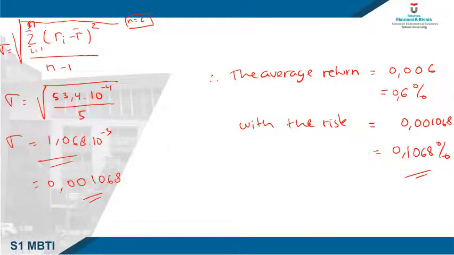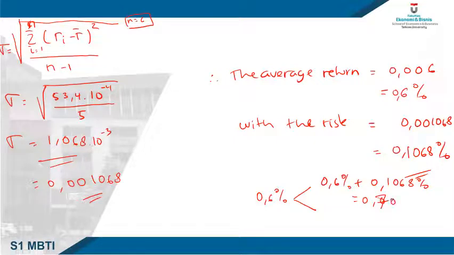Okay, so what does it mean? The average return is 0.6%. The investor can have a maximum return of 0.6% plus 0.1068%, which will be 0.7068%.